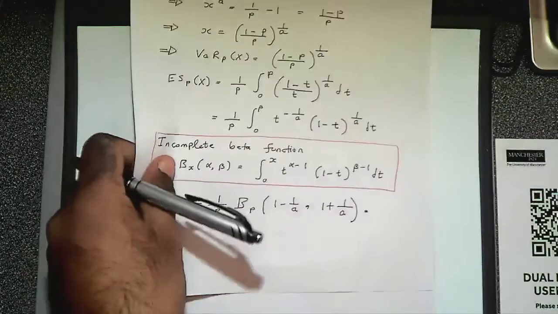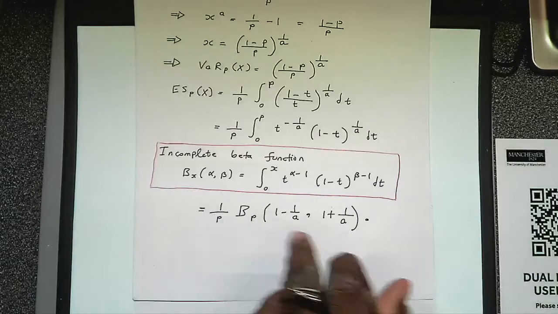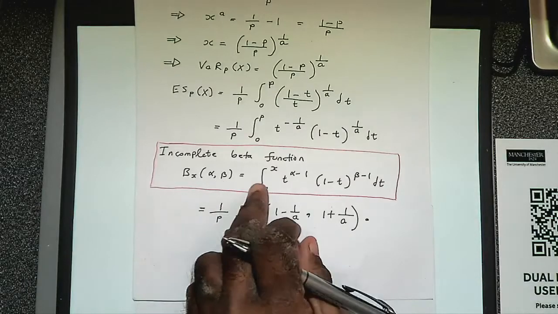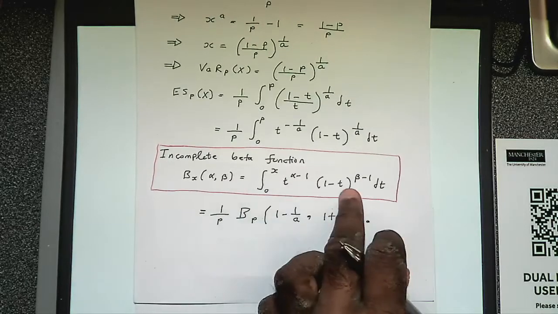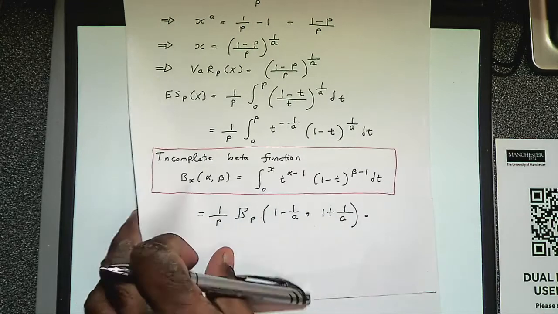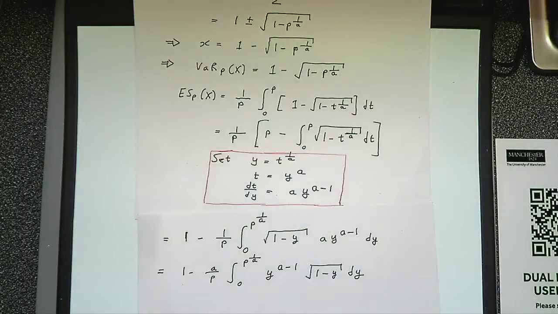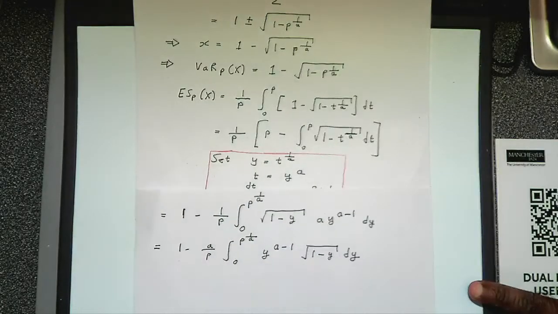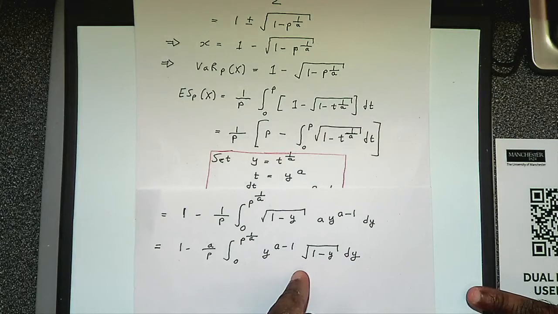You remember this example where I used the incomplete beta function defined as this, right? Because what you have here is also an incomplete beta function. You have y to the power m minus 1 times this.